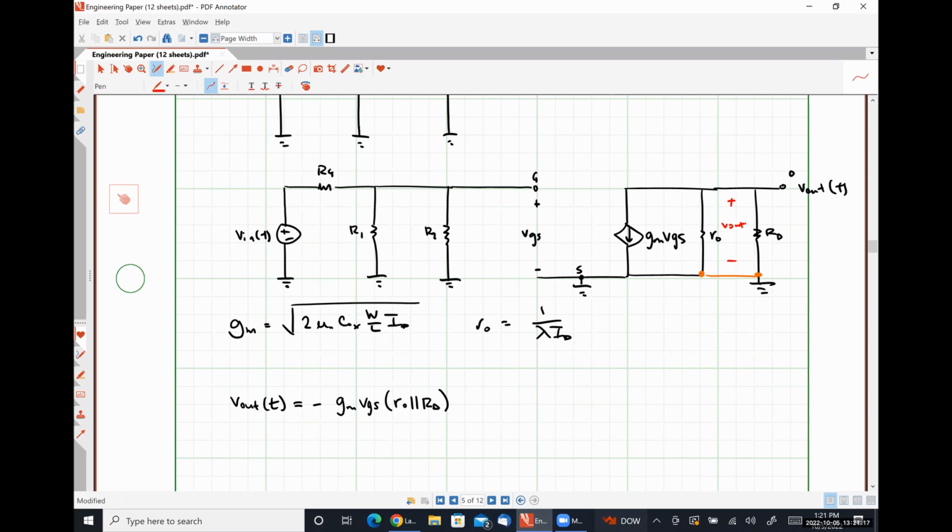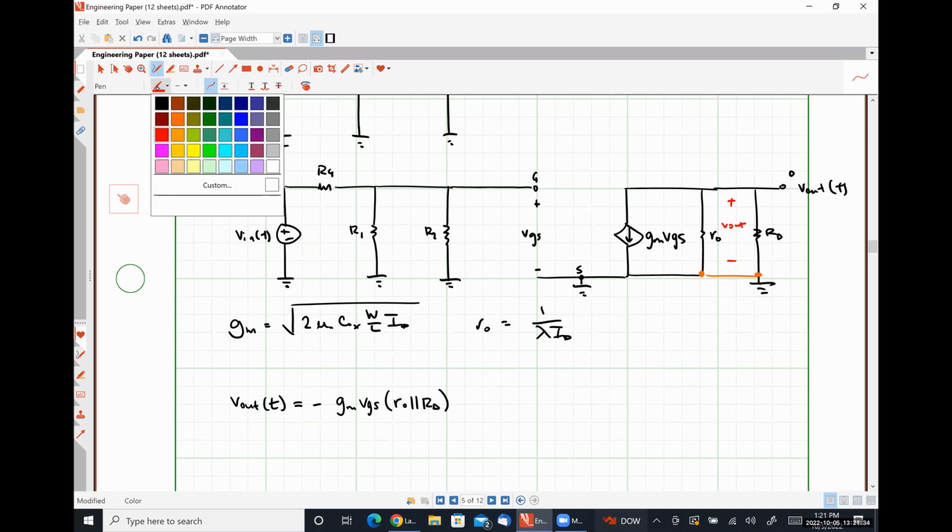Okay. Another thing that we could potentially maximize here is the quantity VGS. That may be slightly less obvious, but the voltage VGS here is defined by a voltage divider network, right?